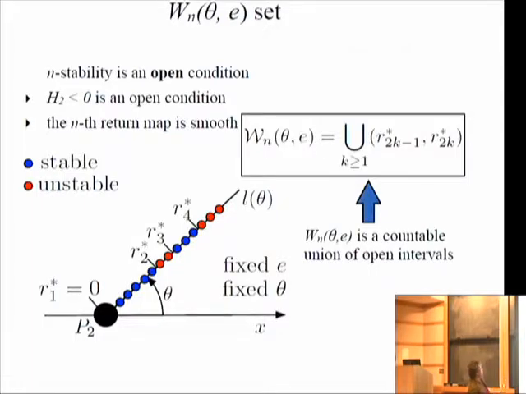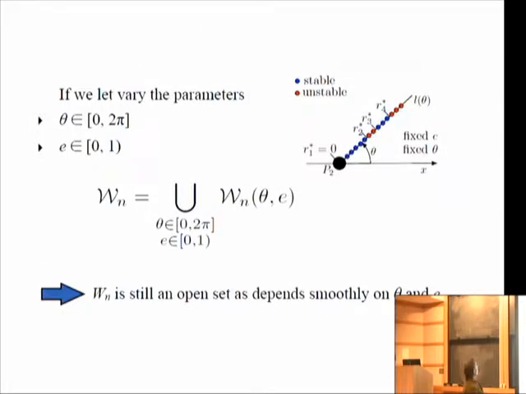And of course, the boundary of this is the weak stability boundary, which is therefore a countable set of points, which has a Cantor-like structure. So what we get here is the open stable region.